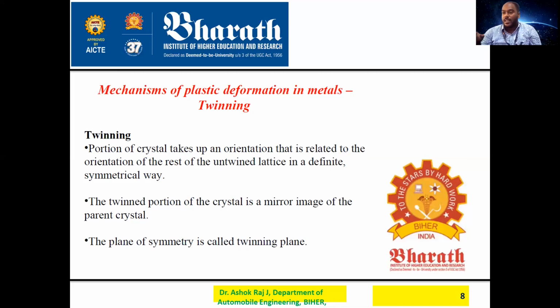But here, in twinning, you see this face and the mirror of the opposite face in the microscope. It means a twin has happened. The plane of symmetry is generally called the twinning plane, and the twinned portion of the crystal is a mirror image of the parent.